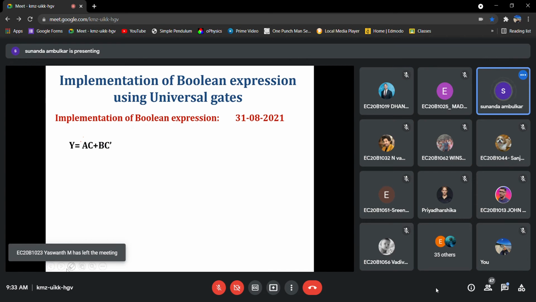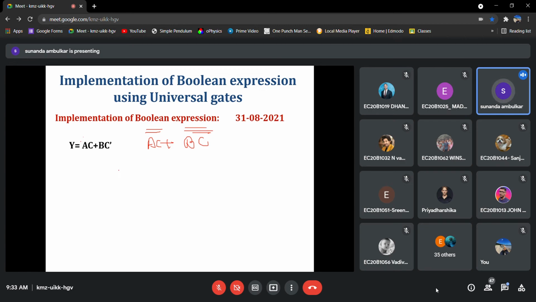Okay, then I will explain what we are doing. Here we have AC plus BC, all barred. What we have to do is take the bar on individual terms.